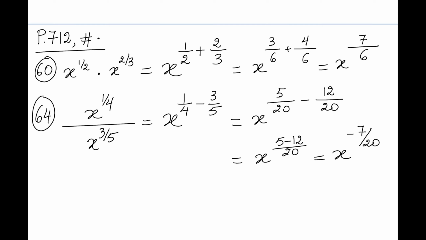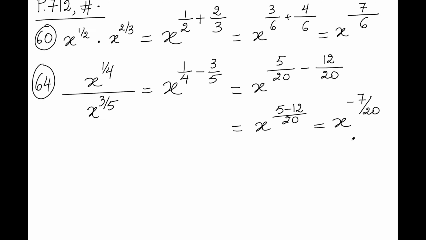But the question is, actually they don't say it, but how about we rewrite that expression with positive exponent using techniques we learned before. Well, minus in the exponent means reciprocal, so that's the same as 1 divided by x to power 7/20.